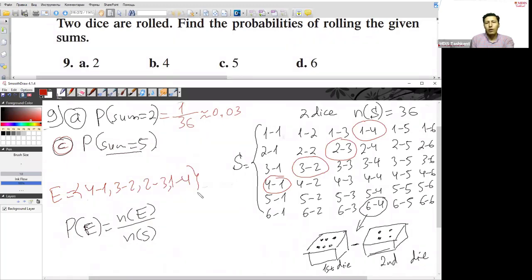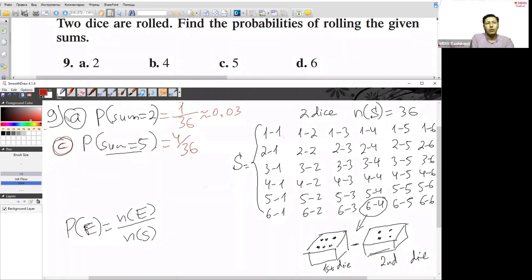So how many elements here? We have 4 elements. Therefore, it is 4 out of 36. Okay, understand? So N(S) is 36. N(E) is 4. So 4 out of 36. We are using first formula.